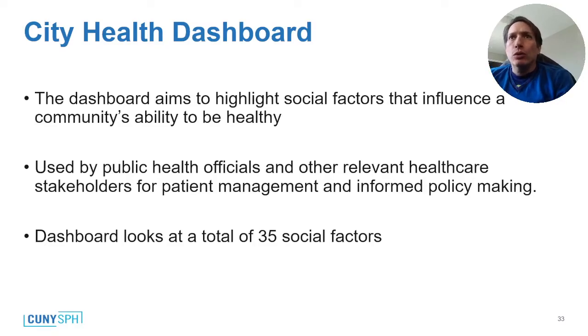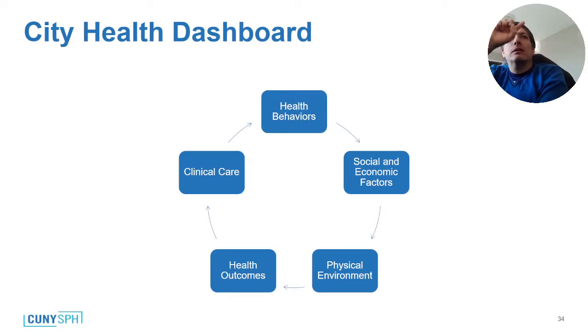This also is used by public health officials and other people that are interested in making informed decisions and informed policy making. It looks basically into 35 social factors, looking at health behavior, social and economic factors, physical environment, health outcomes, clinical care, similar to the ones that we saw in the community ranking.